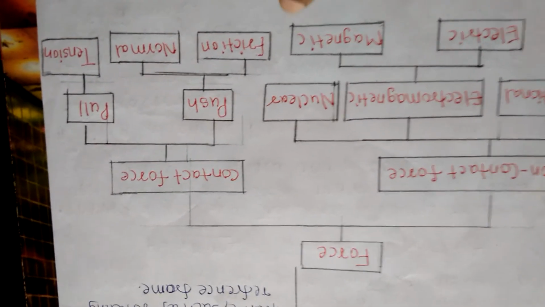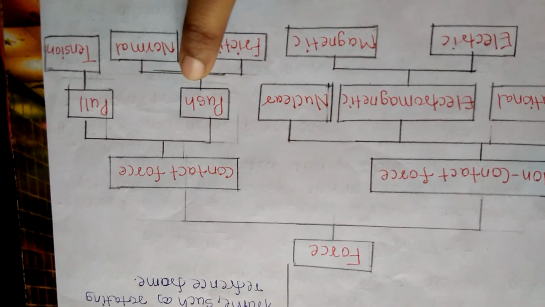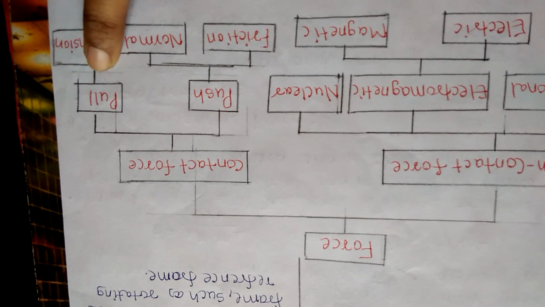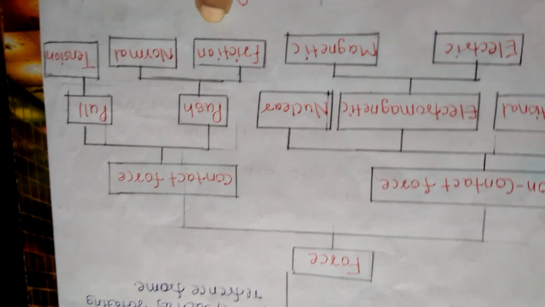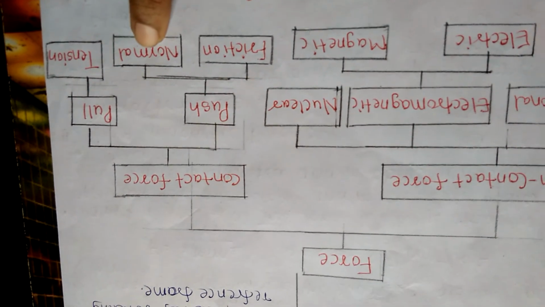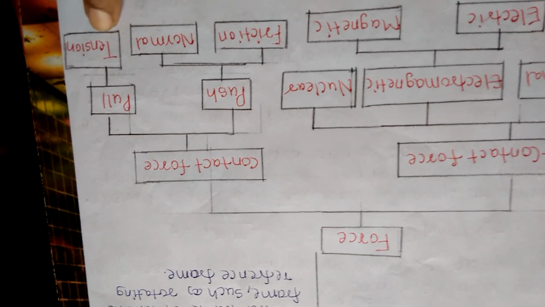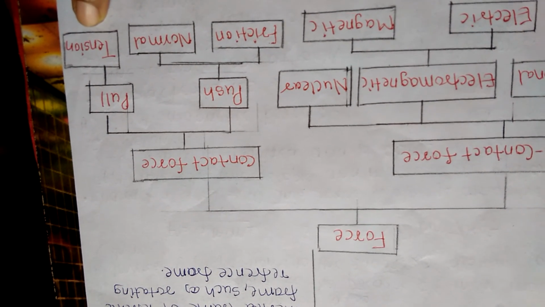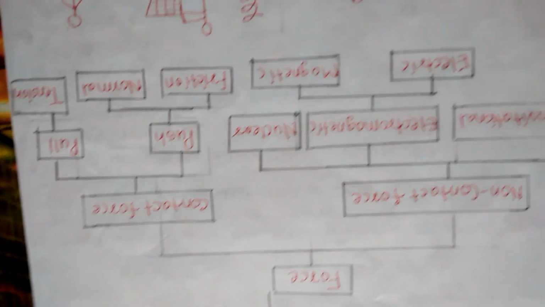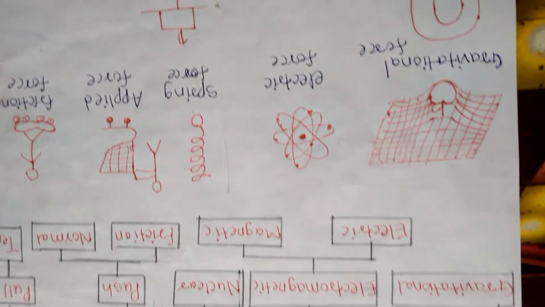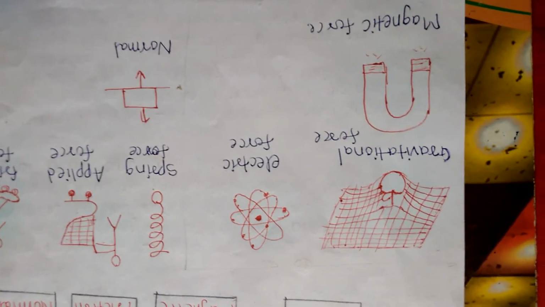Now contact force. In that there are two classifications: push or pull force. Push is again divided into friction force and normal force, and pull has a part which is tension force. Below, some pictures are given to understand force.